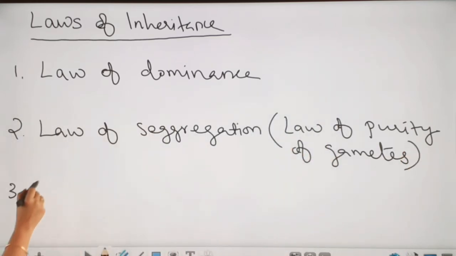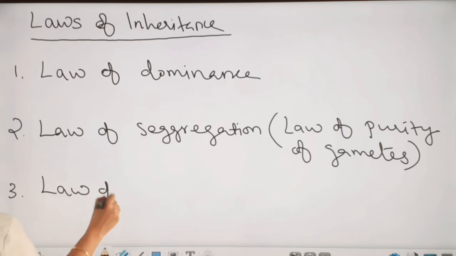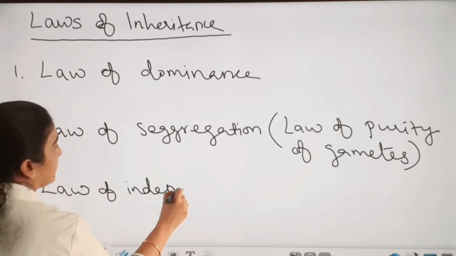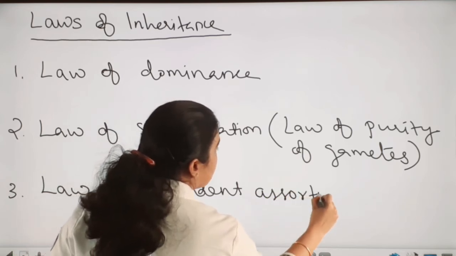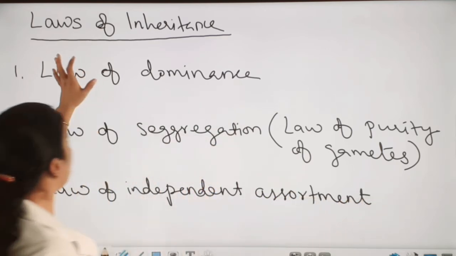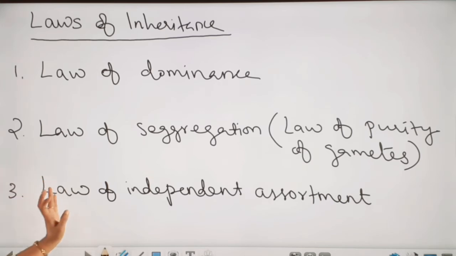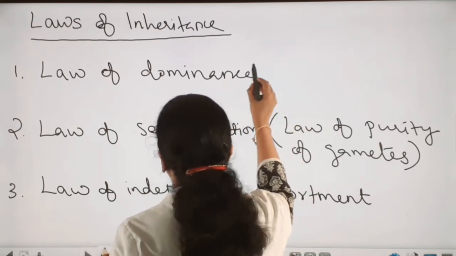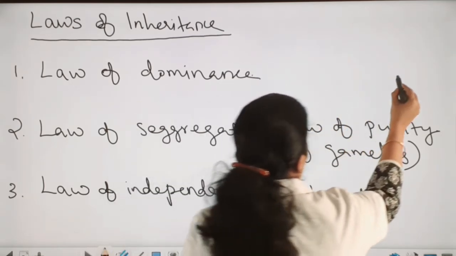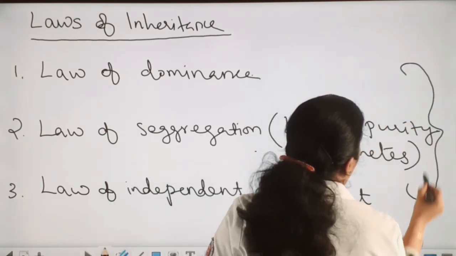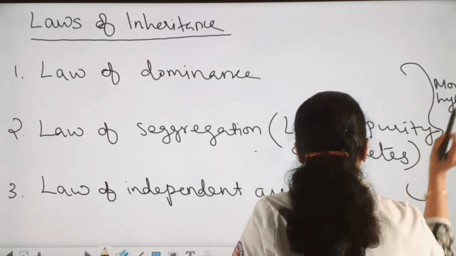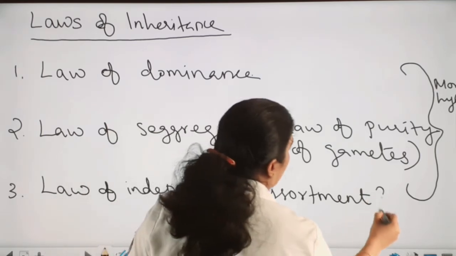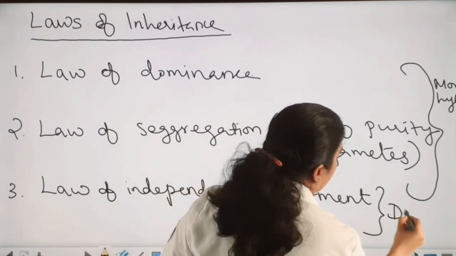And the third law is law of independent assortment. These are the three laws under laws of inheritance by Gregor Johann Mendel. And out of these three laws, the first and second law were strictly based on monohybrid cross, and the third law was based on dihybrid cross.